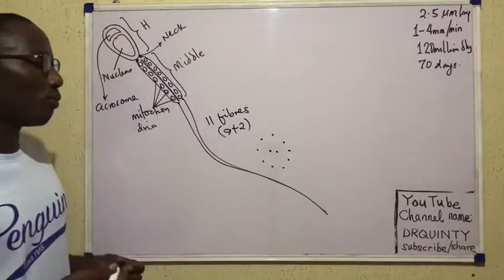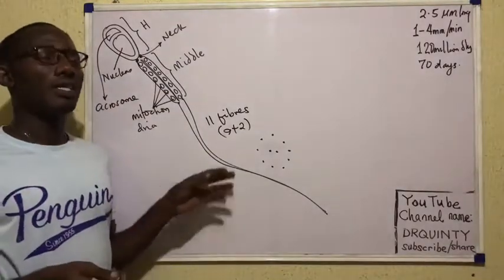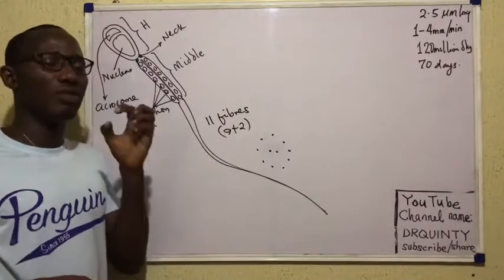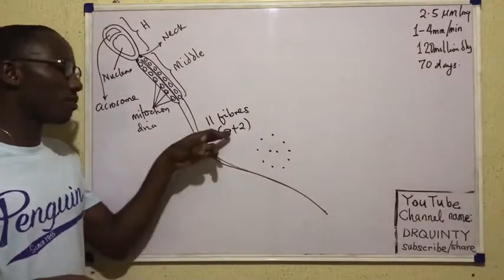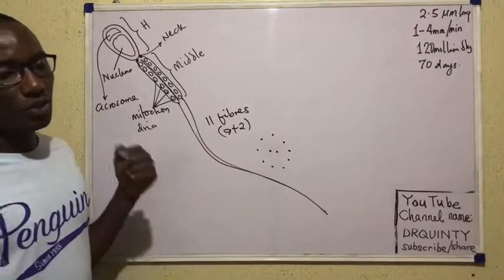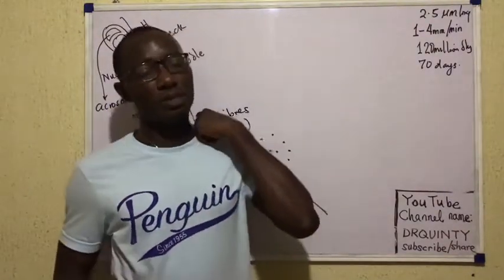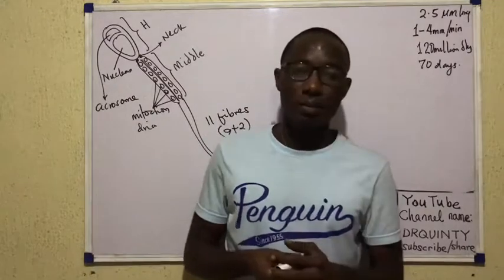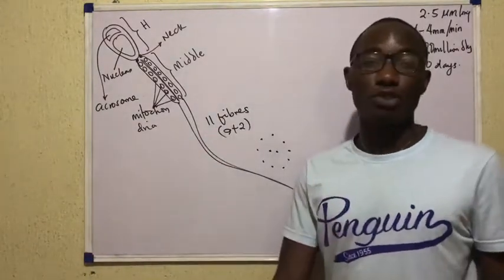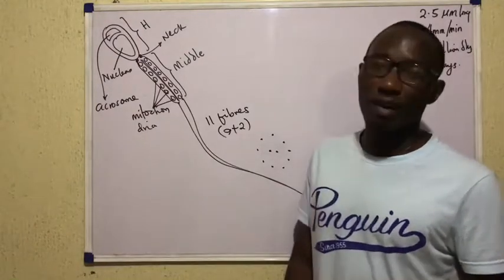So there's the 9+2 arrangement of fibers that is found in cilia and flagella of unicellular organisms, and that same arrangement of fibers is found here in the sperm cell. So we say that the flagellum of the sperm cell resembles the flagella in microorganisms in that it also has the 9+2 arrangement of fibers.